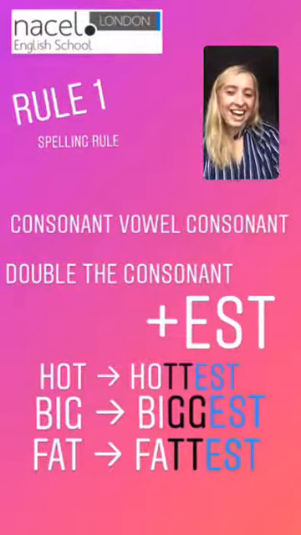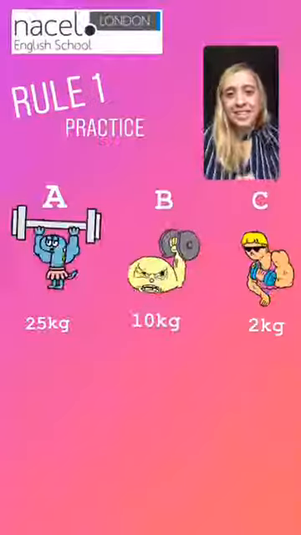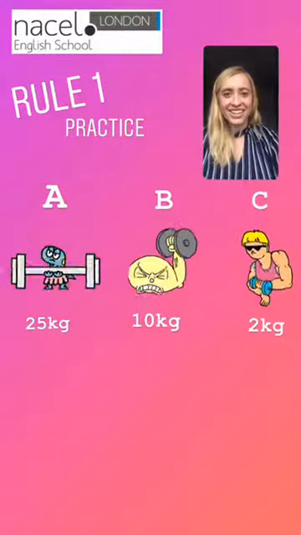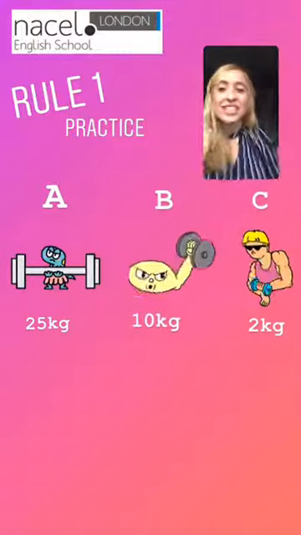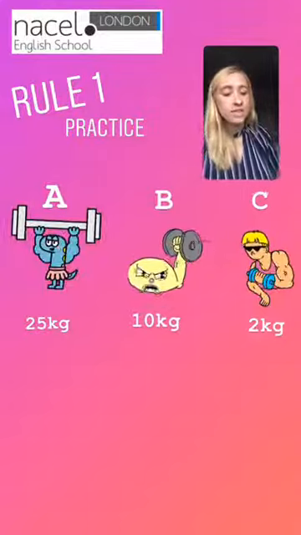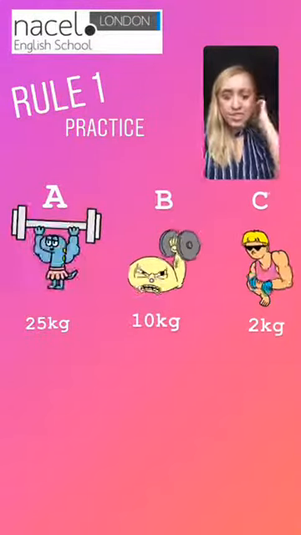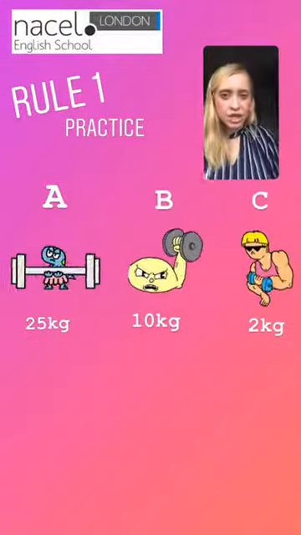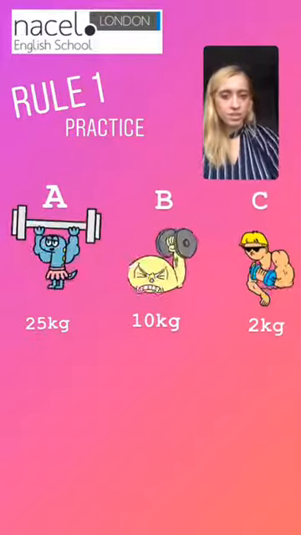So I have a question for you. Practicing rule 1. On the screen, you should see 3 emojis and the letters A, B, or C. I want you to give me the superlative sentence talking about these emojis.